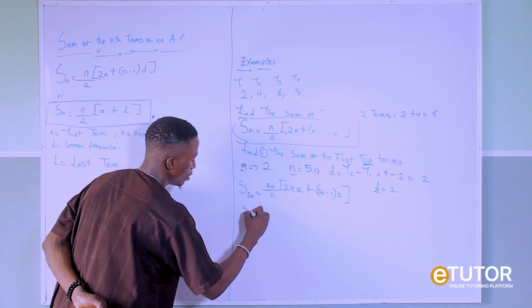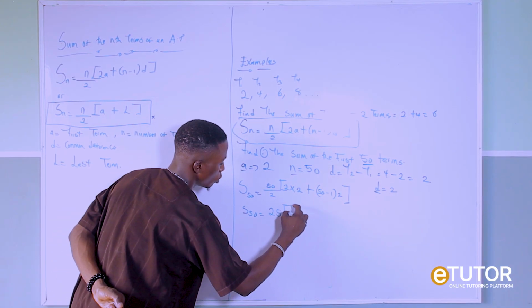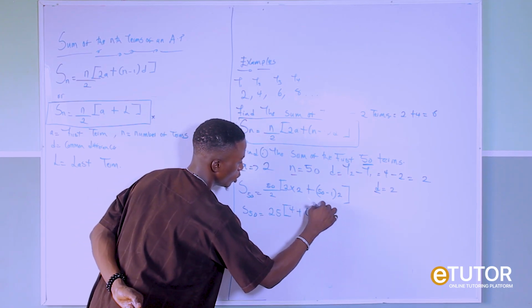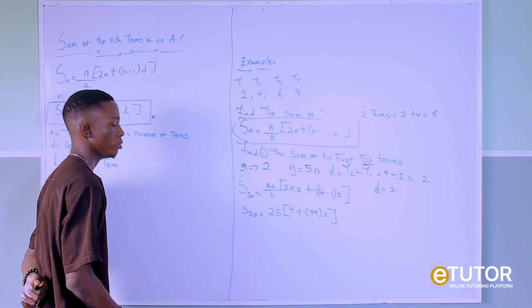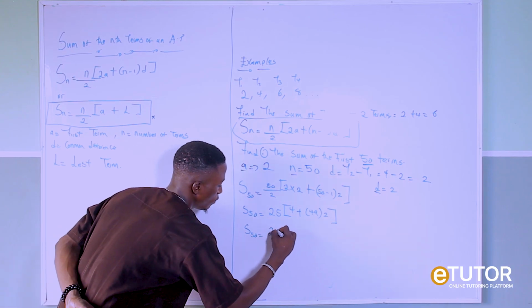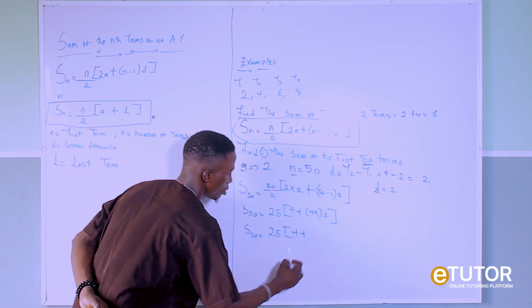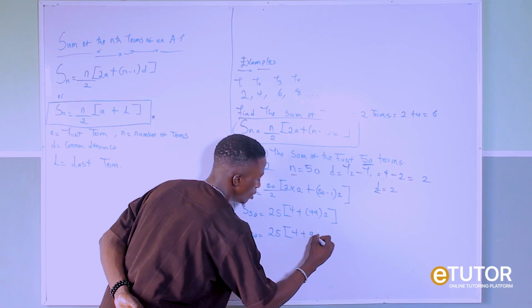So my S50 equals 25 into 2 times 2 gives what? 4 plus 50 minus 1 gives 49 times 2.